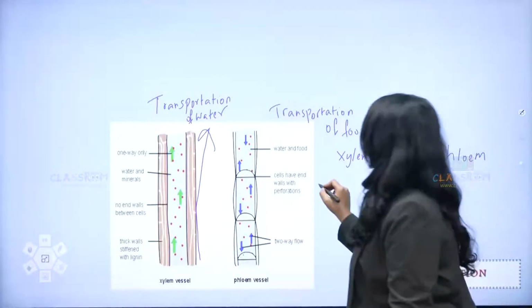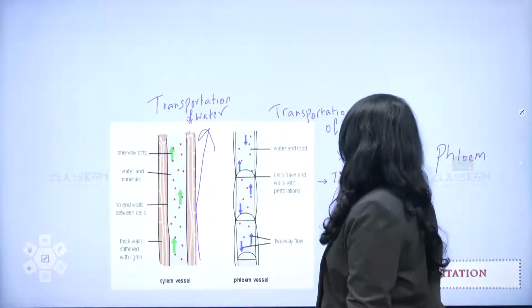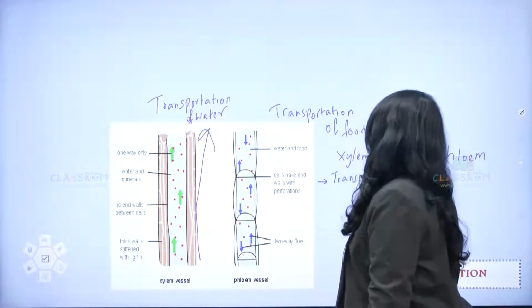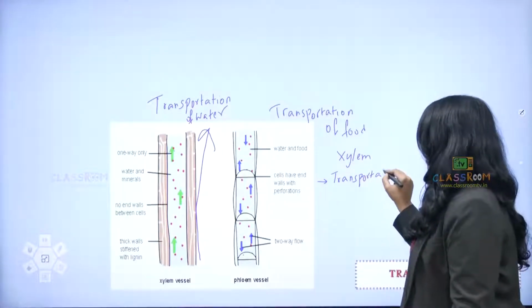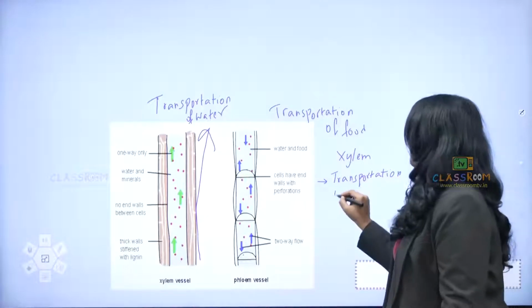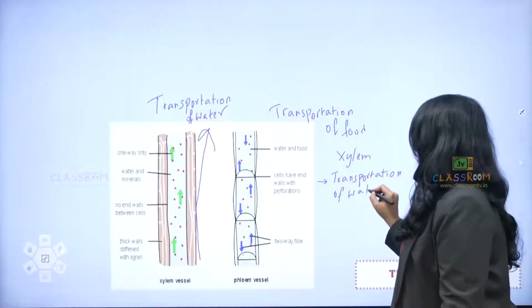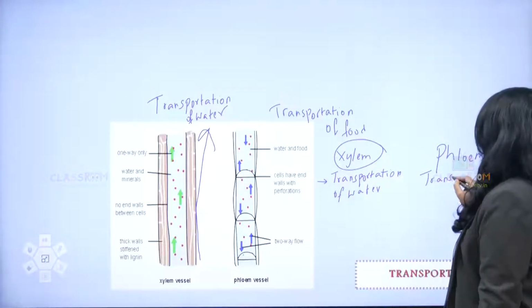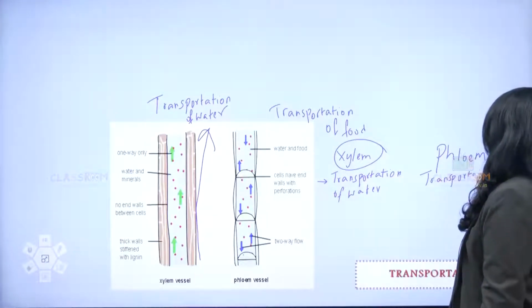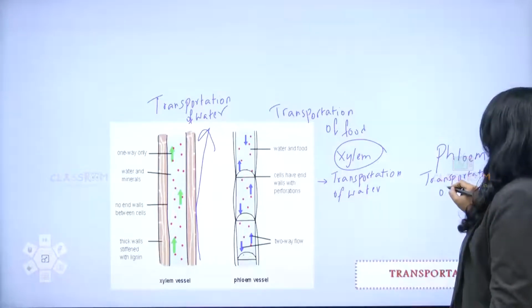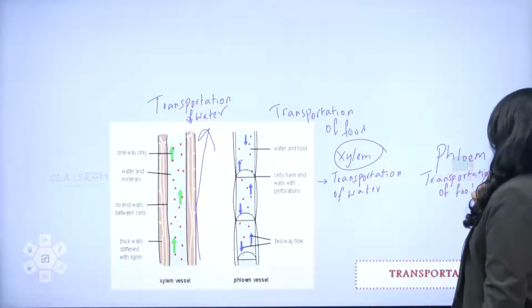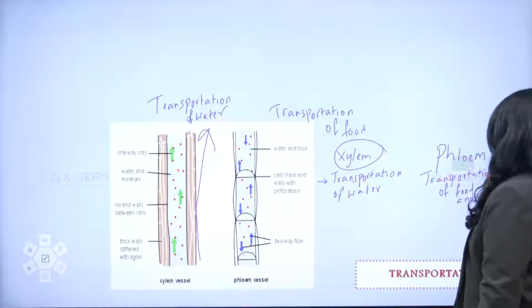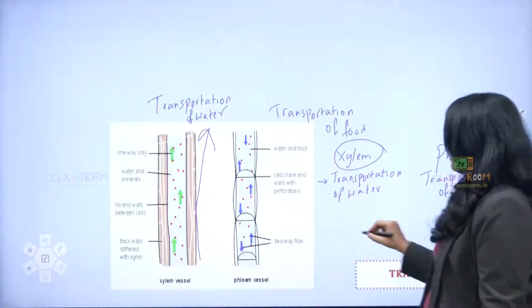For xylem, transportation of water is done, whereas in phloem, transportation of food and water. Let me tell you something interesting.